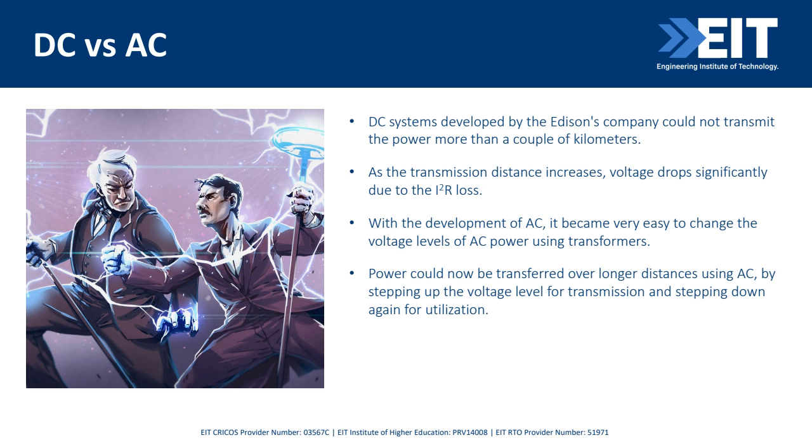Like I mentioned, in the past, we didn't have the technology or the components required to achieve high voltage in DC systems. So they could not transmit power for more than a couple of kilometers. That means they needed to build power systems within the cities, like the generation systems within the cities or very close to their utilization points.